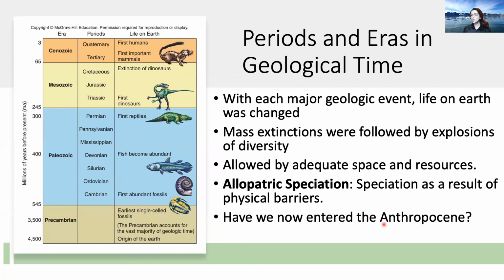And they tend to be more conservative in their approach to defining the Anthropocene because you have to have a sedimented layer in the rock record in order for them to consider it a new period. However, if you have heard this term before, know that it is referring to the period of Earth's history that we currently reside in.